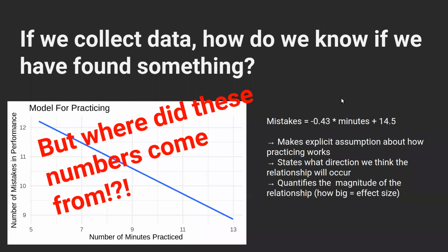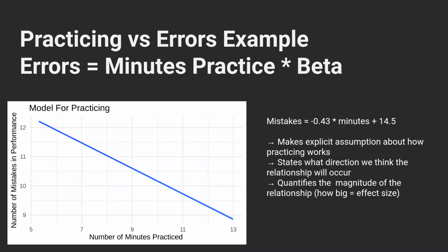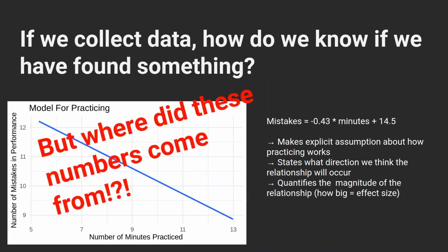So the real question here, what changed, is that if we collect some data, the real question we're going to be answering is how do we know if we've actually found something? And we can get this in a couple of different ways, which is going to be the focus of today's class. So we're going to be wondering, where do all these numbers come from?